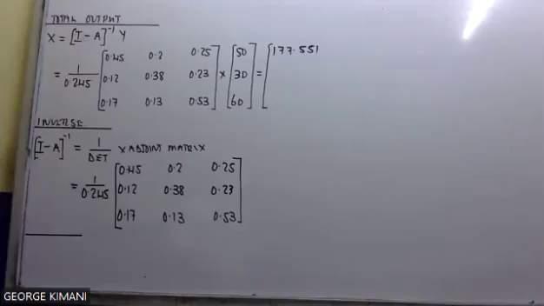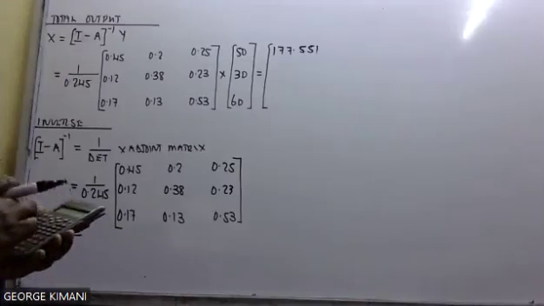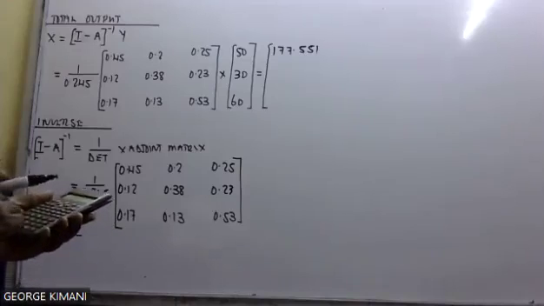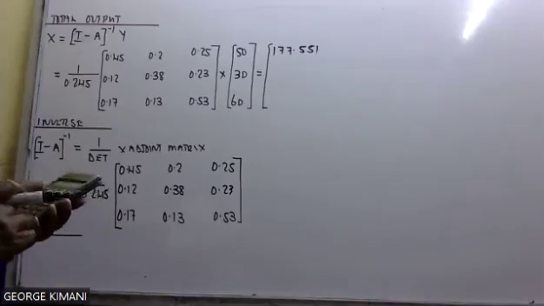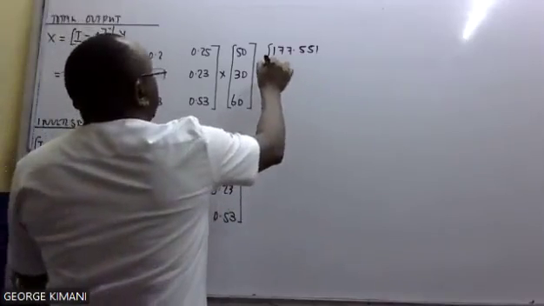I get 31.2. Divided by 0.245, I get 127.347.